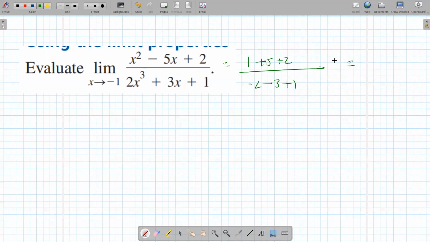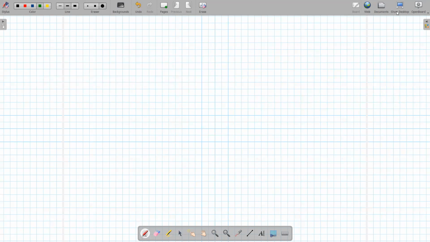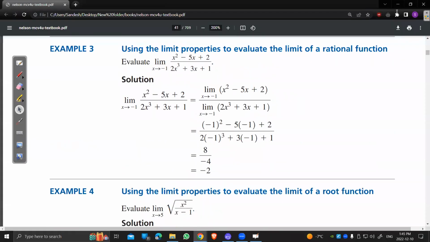You just get 8 over -4. The answer is -2. Cool. This is just a plug and chug. So we don't know if this function is continuous everywhere, but we know for a fact that it's continuous at -1 because we didn't get any asymptotes or holes or anything weird. So you can plug that in.